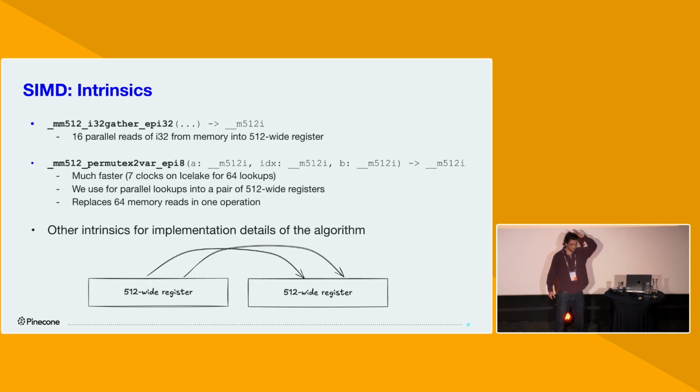And the second intrinsic is actually much, much faster, about 7 times faster when you don't have to go to memory at all. It is just a permutation swap between a pair of 512-wide registers. To the extent that you can write these algorithms just by operating across 2 registers with permutations, that's where you get the real gains in performance here.